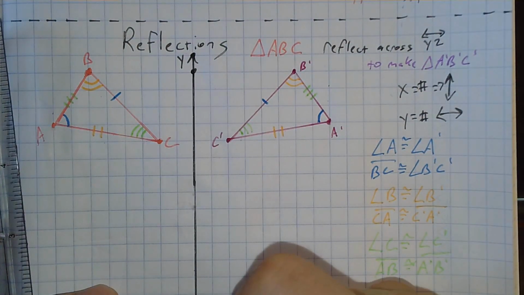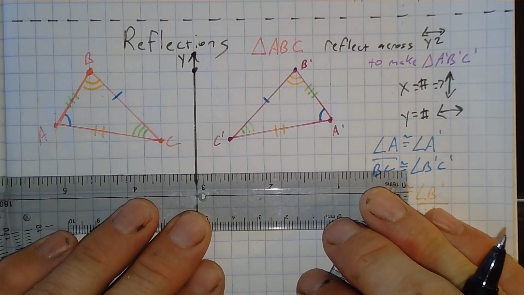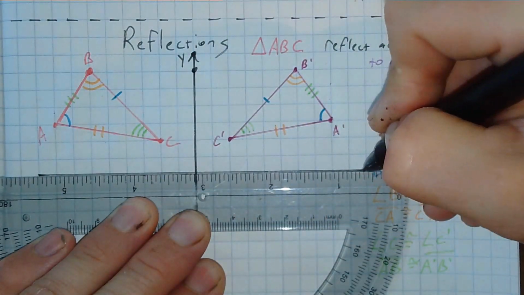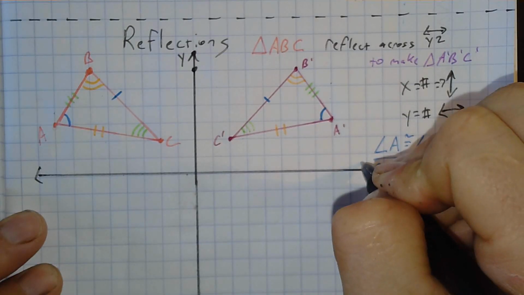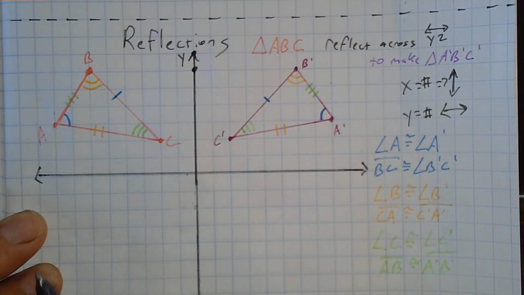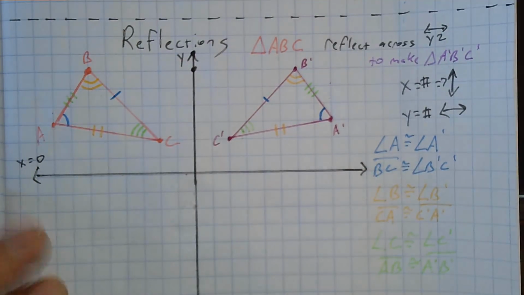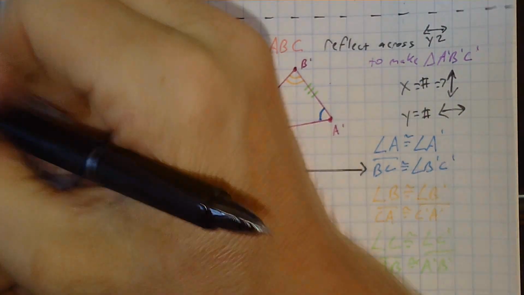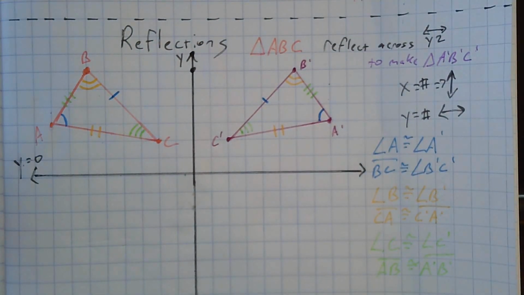This is Z. Let's reflect it across line XY, or no, let's do this. Let's call this x equals 0. Okay, that's what it is. That's the y axis, or excuse me, y equals 0. I did it. I made that same mistake. Y equals 0. All right, it's my left and right.